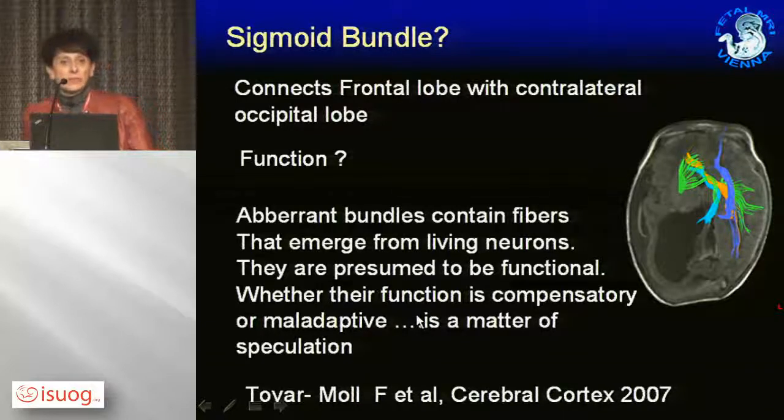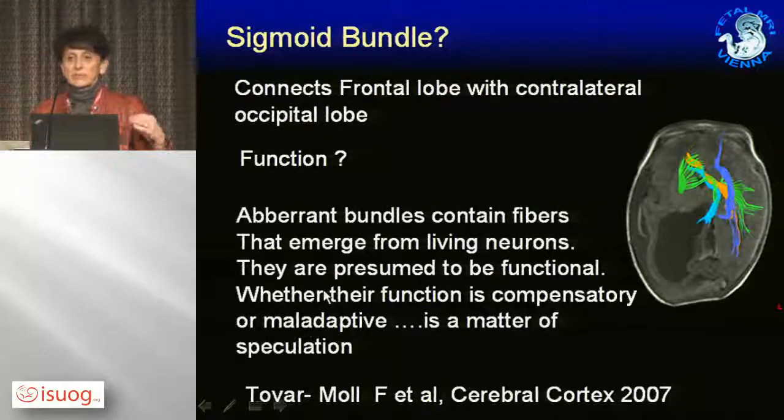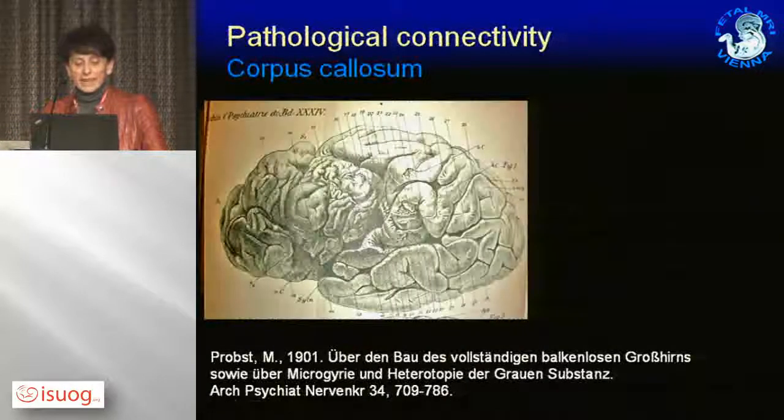In the meantime, we have collected cases, and we know the function is rather maladaptive, and these bundles are not really functional. That means the prognosis of children, of fetuses having this might be not good. But let me come back to that later.